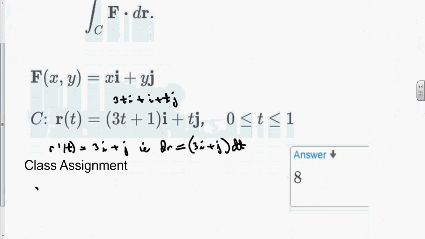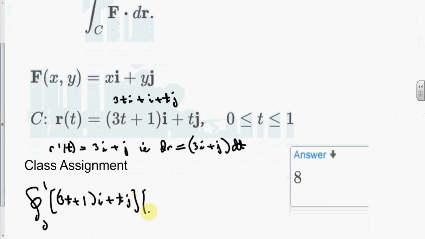So this is the line integral from 0 to 1. The function capital F is xi plus yj, and x is 3t plus 1, and y is given to be t, dot product with dr, which is 3i plus j dt.